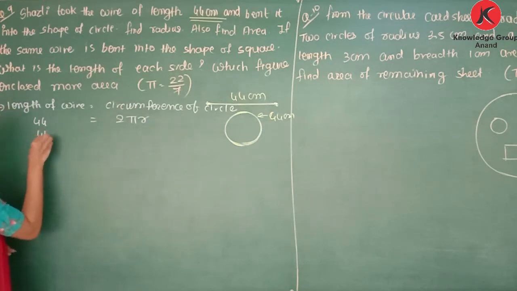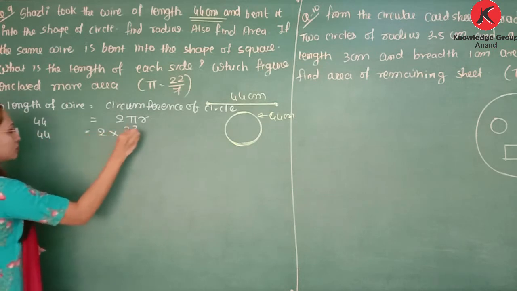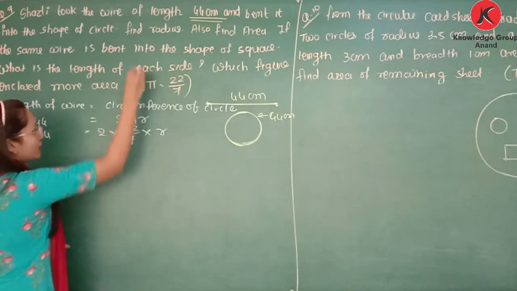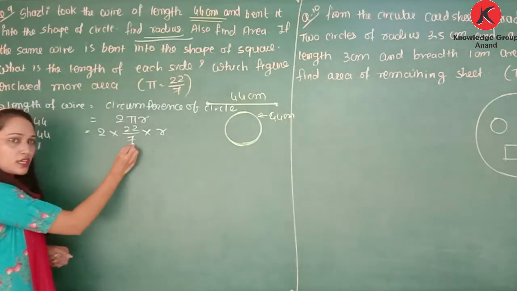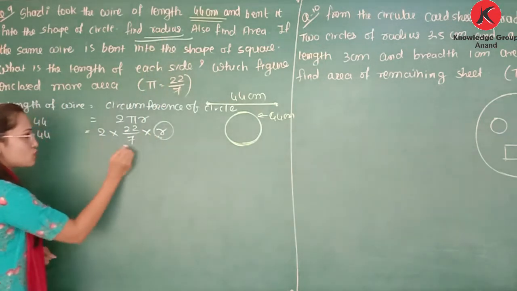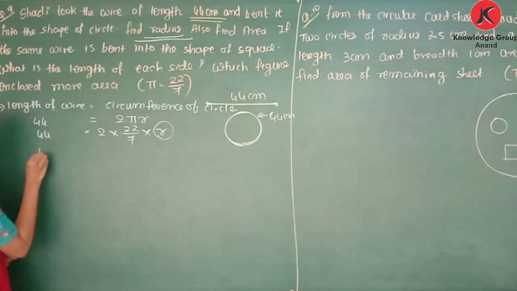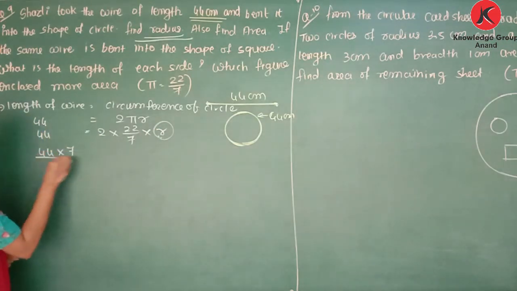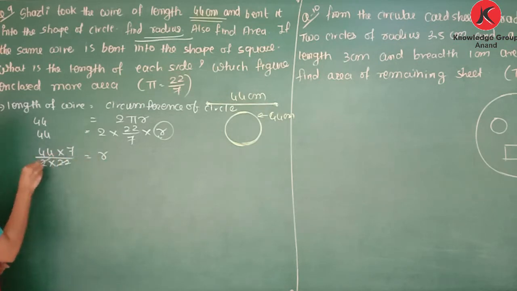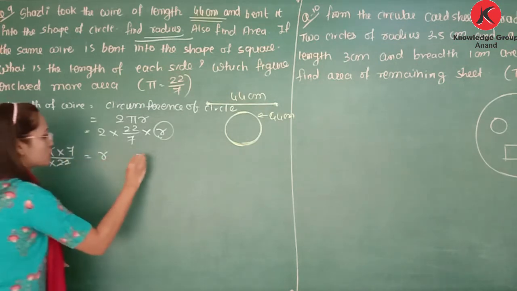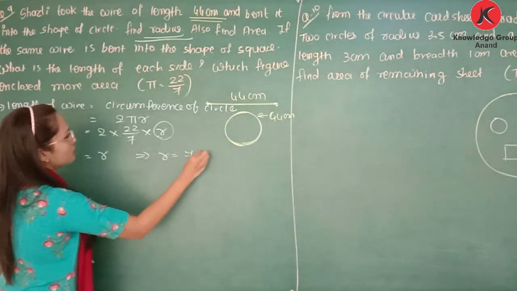Take pi as 22/7. And we need to find the radius. Here 7 is in the denominator. To find r, take this value to the left side. So 44 multiply 7 divided by 2 multiply 22. That is r. 22 2s are 44, so cancel. So radius is 7 cm.